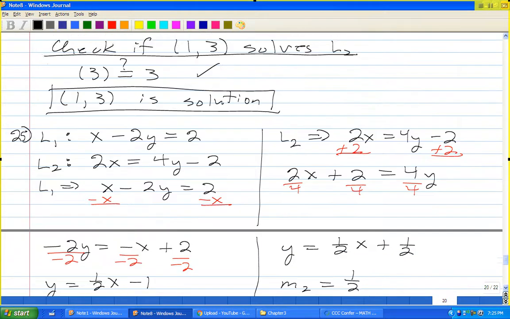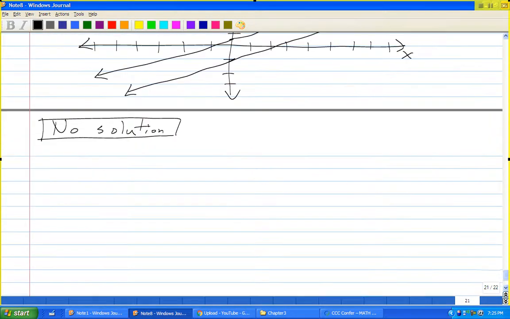Let me do problem 27. Call it L1: 2x minus 3y equals 4.